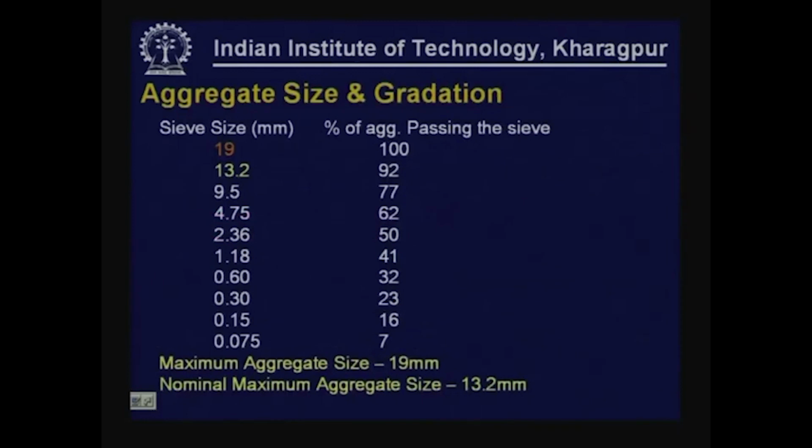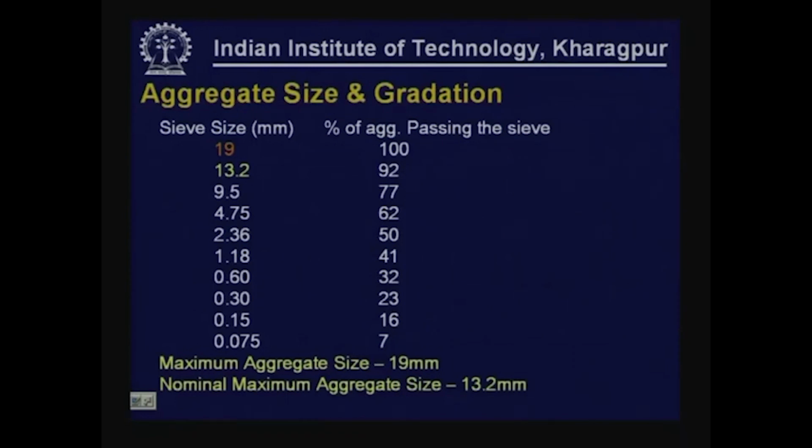For example, if you have an aggregate graded in this fashion, for example, 100% of the material passes through 19 millimeter sieve size and 92% of the total material of the sample that you have taken passes through 13.2 millimeter sieve and so on. In this case, obviously, the maximum aggregate size for this gradation will be 19 millimeter, because this is the smallest size through which 100% of the material is passing.